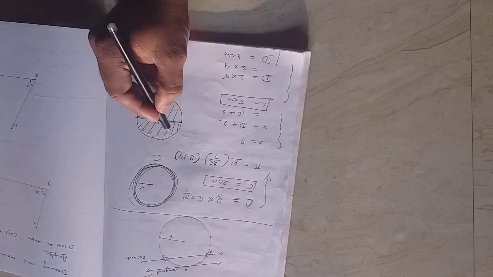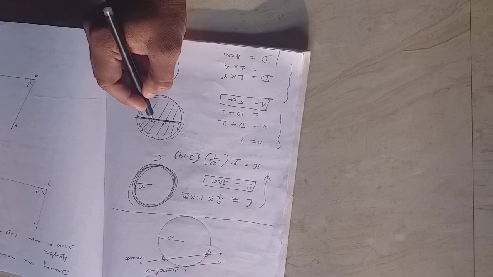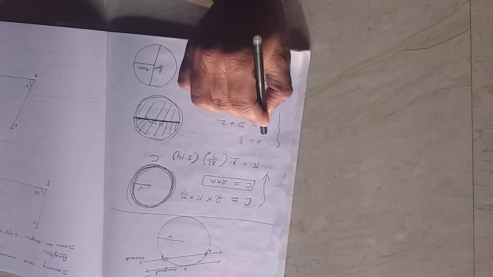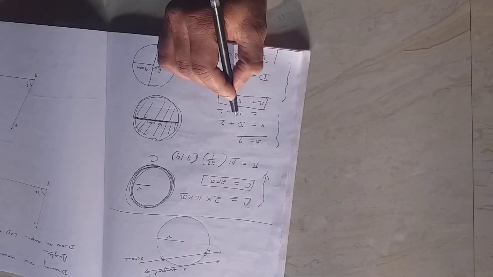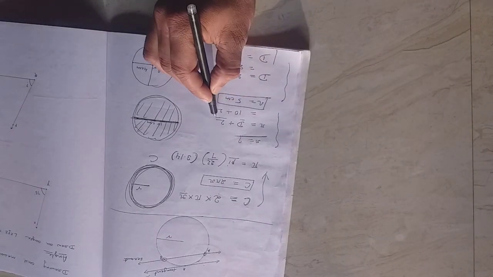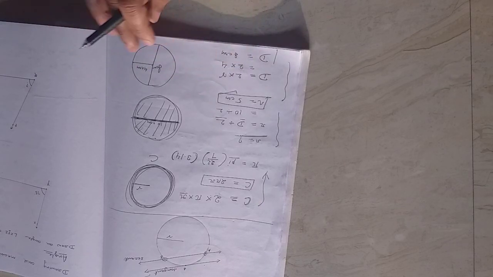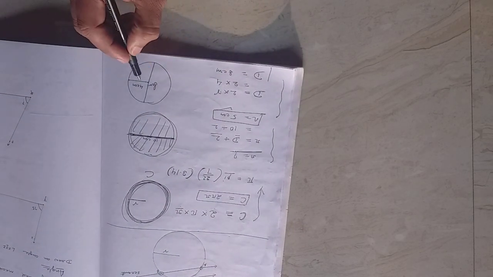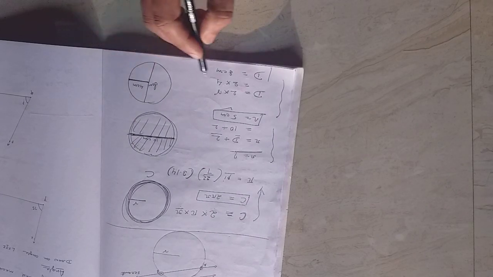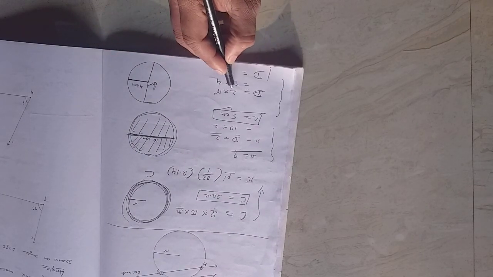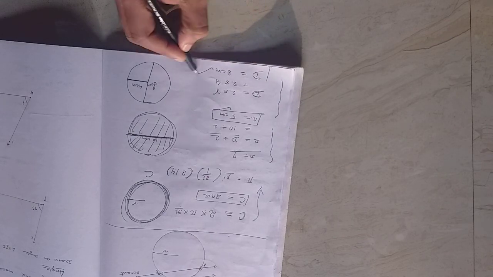Now you can see that in this circle the diameter is provided, 10 centimeter, and we are asked to find out the radius. So I have divided the diameter by 2. So 10 divided by 2 equals 5 centimeter. And when the radius is provided, 4 centimeter, to find out the diameter, we have simply multiplied it by 2. So 2 multiply 4, that is 8 centimeter.